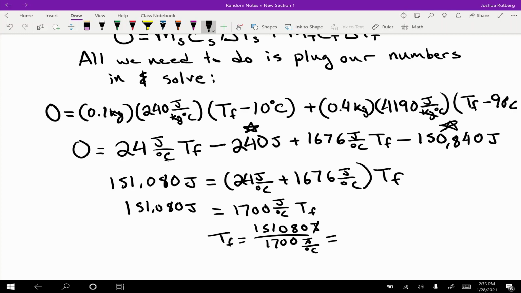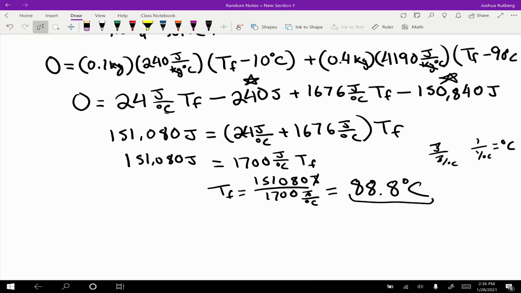My joules cancel. 151,080 divided by 1700, the answer that I get is 88.8 degrees Celsius. Notice my unit here is joules divided by joules per degree Celsius. So those cancel. I'm left with 1 over degree Celsius, which is just degree Celsius. So my units do check out.